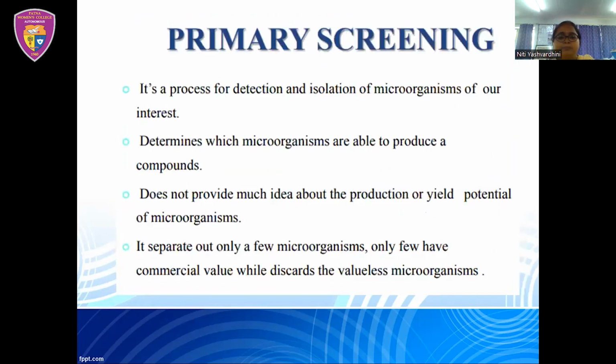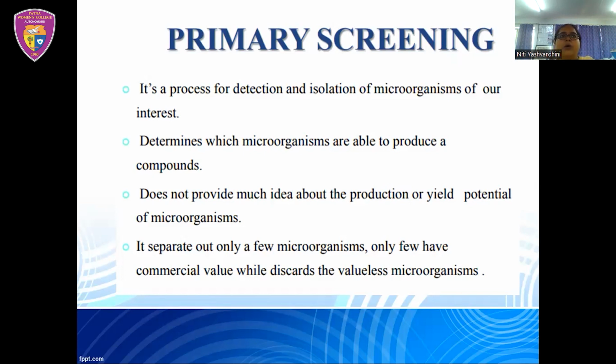The difference between primary screening and secondary screening is that in primary screening we only perform the process of isolation and detection of microorganisms. That is, from a group of microorganisms we select that very microorganism which will be useful for the purpose we are going to use it for.